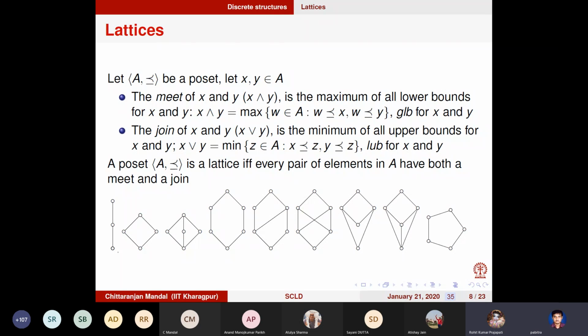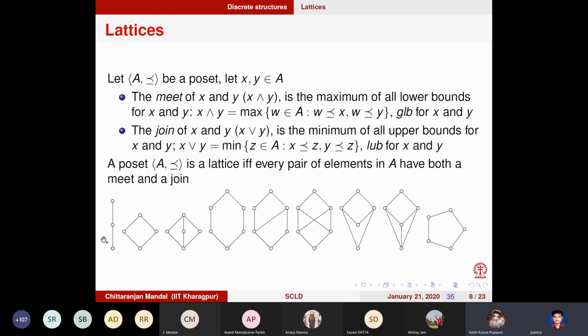And what is the join of lowermost and topmost? The topmost. You take the lowermost and the second element. What is the meet? What is the join? Meet is the lower one and join is the middle one.